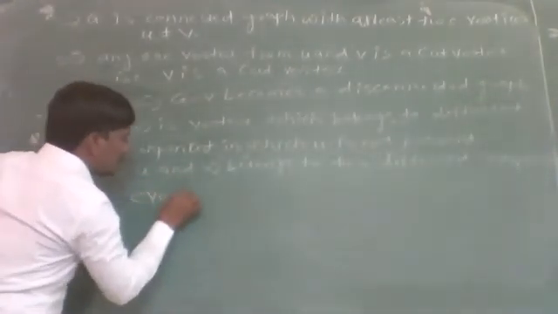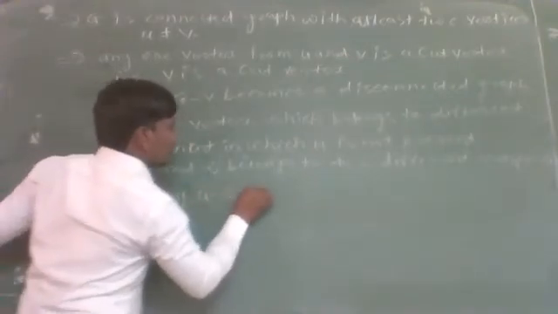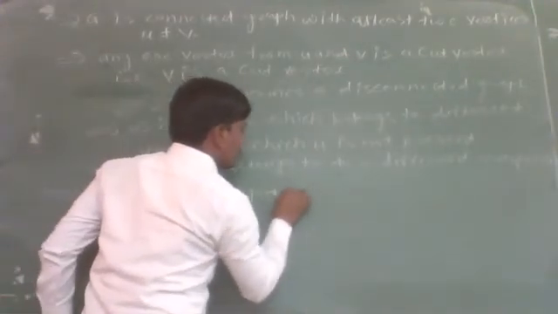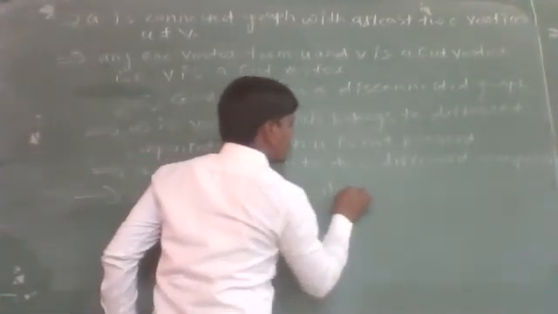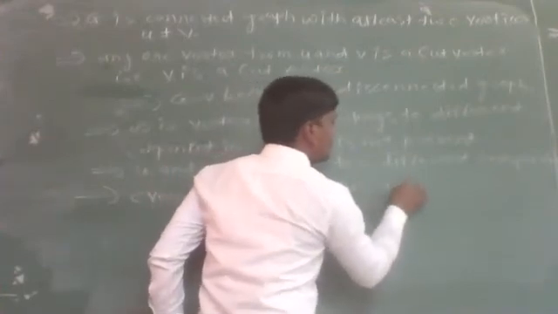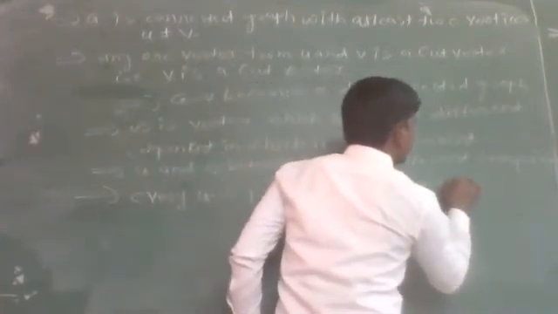So from this we can conclude that every U to W path contains a vertex V. Okay.